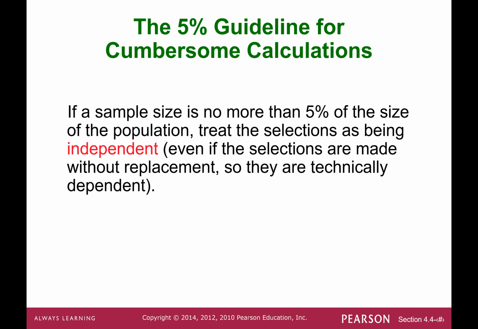A 5% guideline for cumbersome calculation. If a sample size is no more than 5% of the size of the population, then we treat the selections, we treat the sample, as independent.